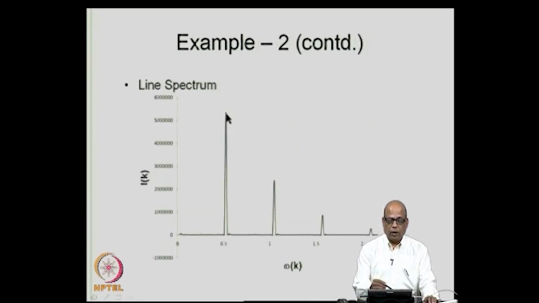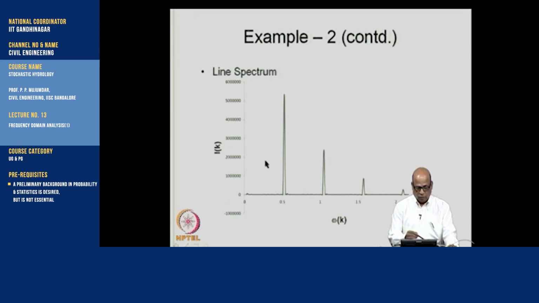Immediately you will see that there is one significant spike at a certain omega k somewhere around 0.5. Similarly, another omega k around 1.1 or some such thing and so on. So, the line spectrum immediately extracts the information of the frequencies and then shows that there may be a periodicity here.